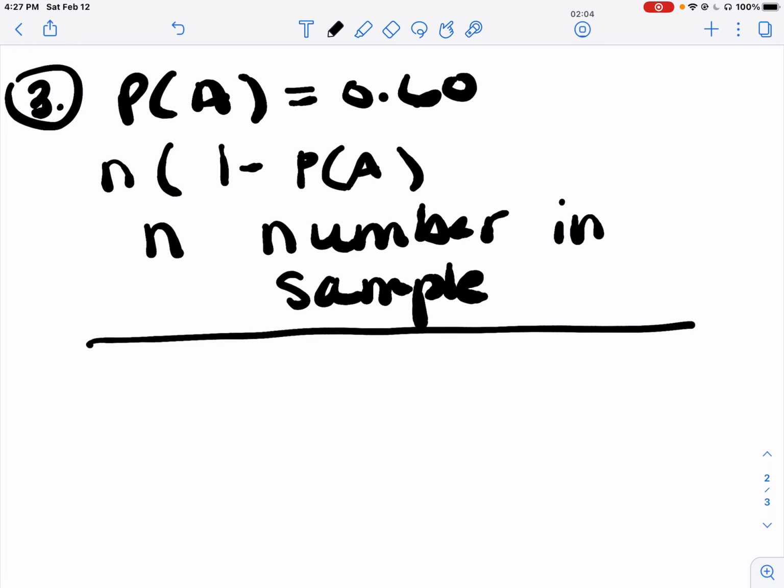Okay, so that just means plug in 1 minus the probability of A and multiply by N. N minus N times the probability of A. Okay, put the probability of A that was given, and N means the number in the sample. So just plug those numbers into the formula.